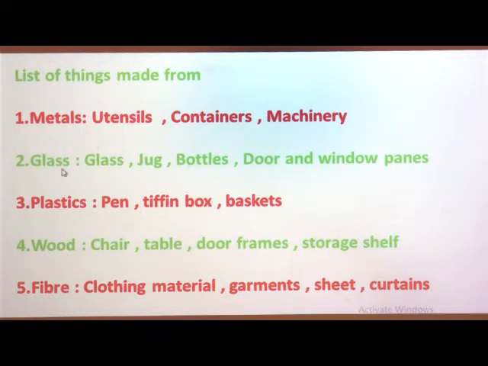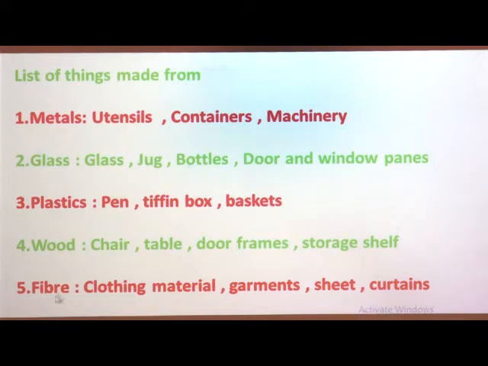Glass, the objects made of glass are glass, jug, bottles, doors and window panes. Yes. Then plastic, the objects made of plastic are pen, tiffin box and baskets. And the objects made of wood: chair, table, door frames and storage shelf.